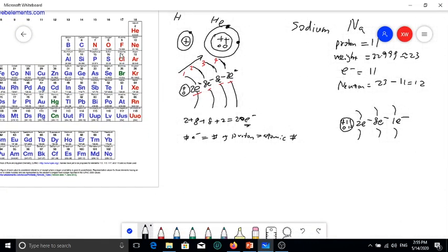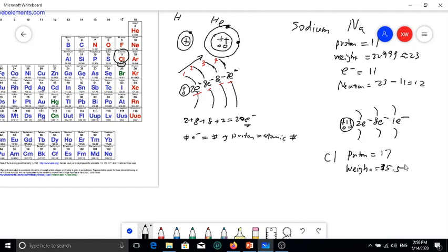Let's look at chlorine here. Chlorine has the symbol Cl. The proton number, which is also the atomic number, is 17. The mass number down here is hard to see, but I can tell you the atomic weight is 35.5.